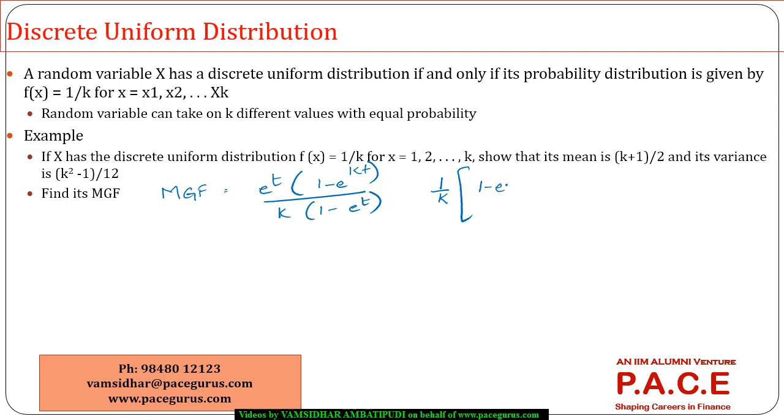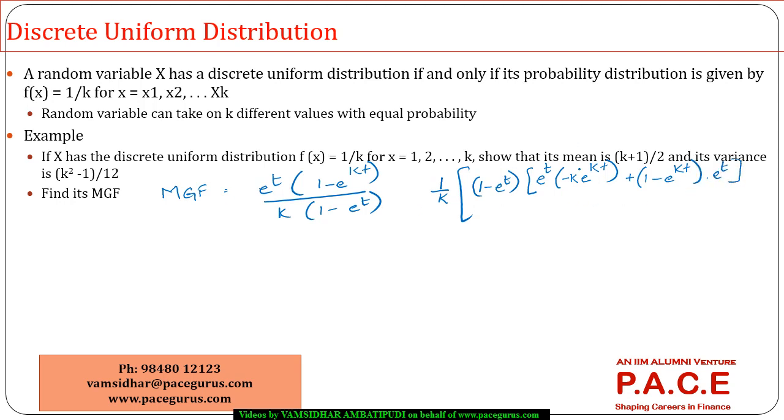So 1 minus e to the power of t denominator into the derivative of the numerator, and that too because it's a product, I'll take it in uv form: e power t into minus k e power kt, plus 1 minus e power kt into e to the power of t.